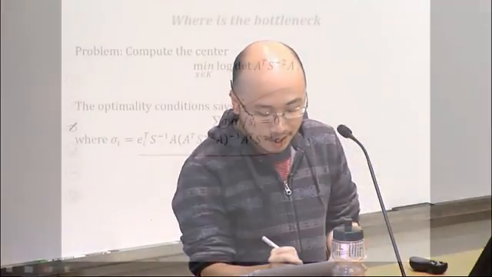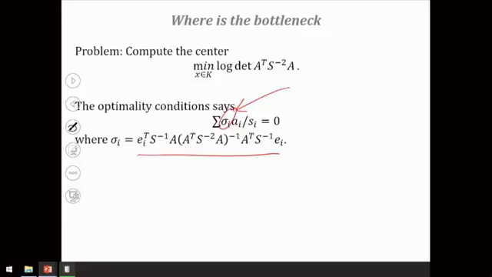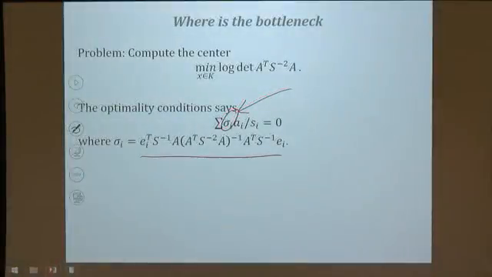Here, notice the sigma here is the importance of a certain constraint. Notice the definition is slightly different because in the previous slide I assumed S is identity. But if you have the S, then the formula is that one. Remember, S depends on your current point X because S is the slack.